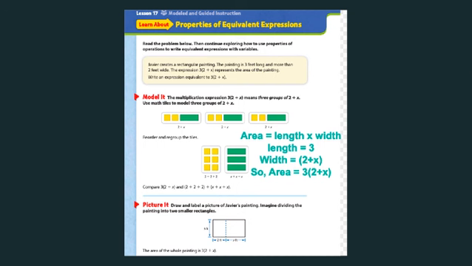Problem 15 wants you to use the distributive property to simplify 3 times the 2 plus x, which we have here. And then problem 16 asks, is 3 times 2 plus x equivalent to your simplified expression that you got in problem 15? That's problems number 10 through 16.